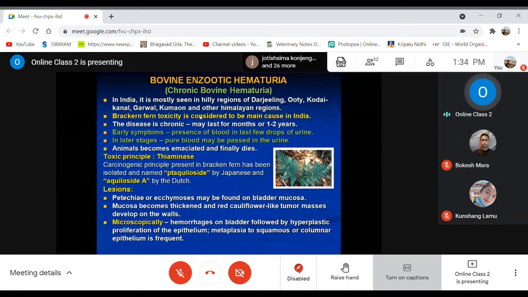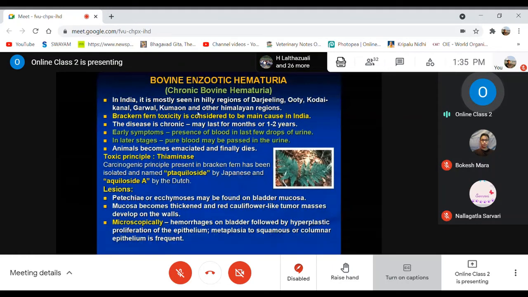And whenever they consume these plants, the animal may show the symptoms of this disease, where particularly there are severe hemorrhagic lesions in the urinary bladder. That is the main pathogenic effect. They cause hemorrhagic lesions, maybe pinpoint or sometimes a little bit ecchymotic. And the mucosa is very much thickened, and some red cauliflower-like tumor masses may also form on the urinary bladder wall.